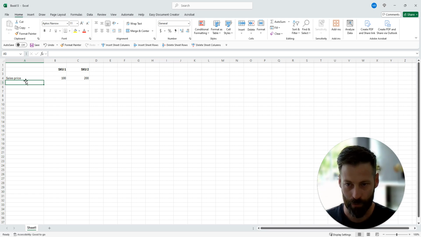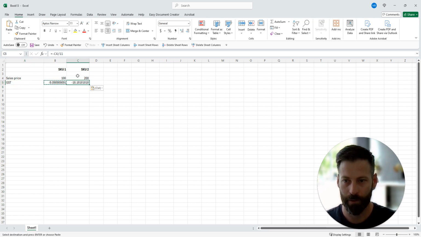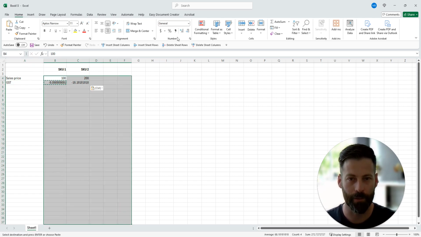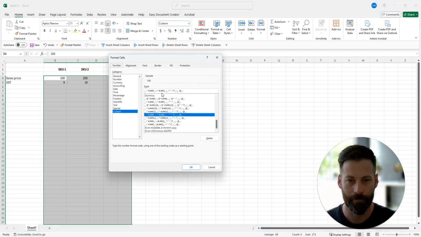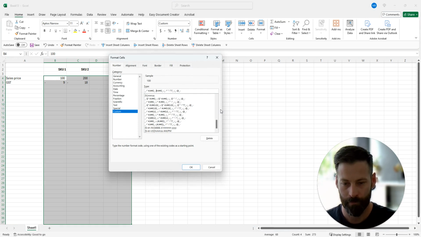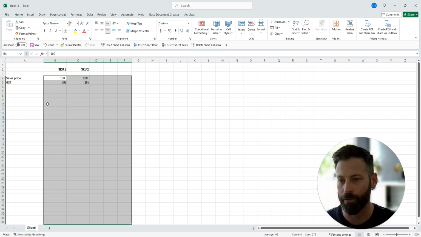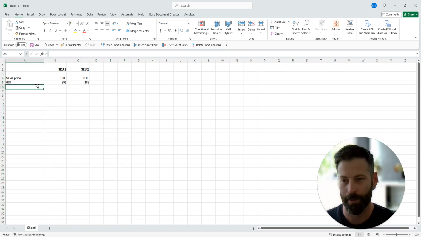We need to pay the GST to the ATO. Let me format this so it doesn't look like a dog's breakfast while we do it. Sure, there's a faster way to do that, but I don't know what it is, so that's the way I do it.